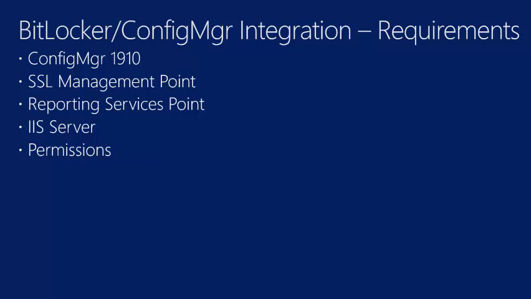Once you look at the error, it actually is indicative that you need ASP.NET 4.0, but make sure you have that on ahead of time. And then finally, permissions. You do need to be a full ConfigMgr admin to create and manage BitLocker policy, and you need SQL sysadmin rights for running the portal installation scripts, which I will reference more in a minute.